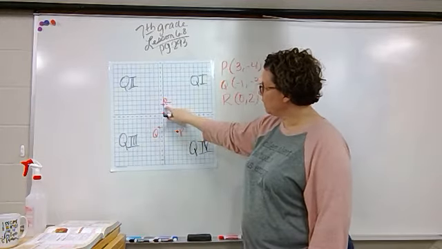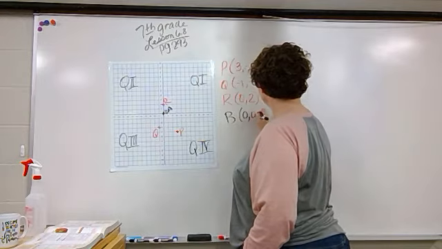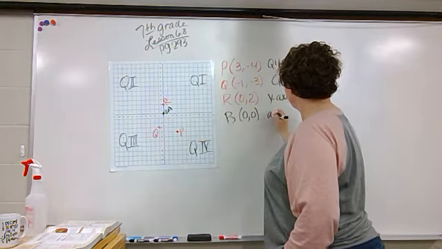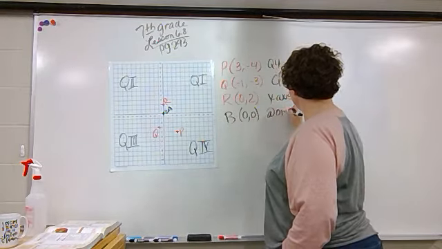Okay? Just a couple more. If it had one that wanted a point at 0, 0, point B at 0, 0 is located at the origin. All right, and then there's another one.